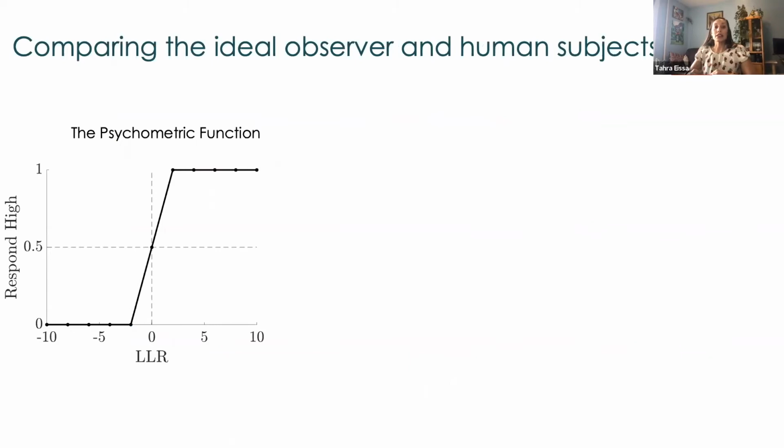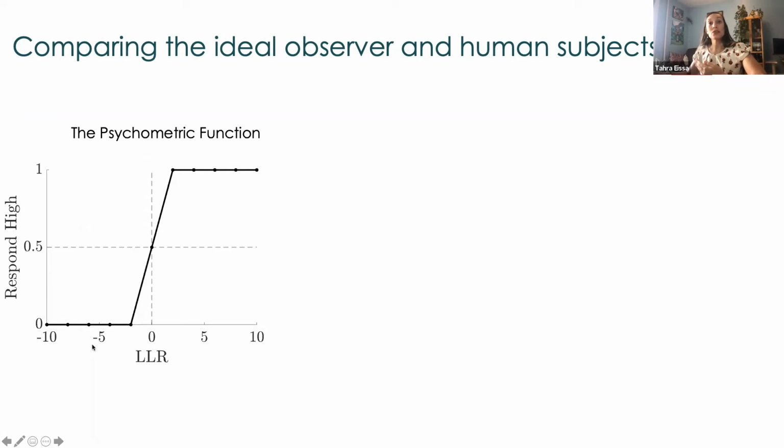In this case, the psychometric curve that we're going to use is going to compare the log likelihood ratio, which is again based off of our ideal observer. So it's saying I've summed up all of these balls I've observed based on the ideal weights. This is the log likelihood ratio, and we compare that to how often an observer responds in favor of the high jar.